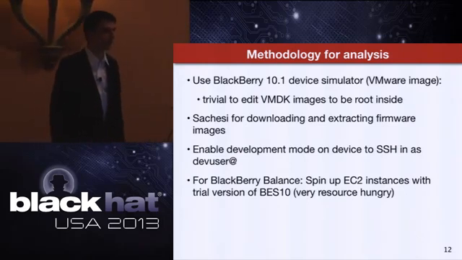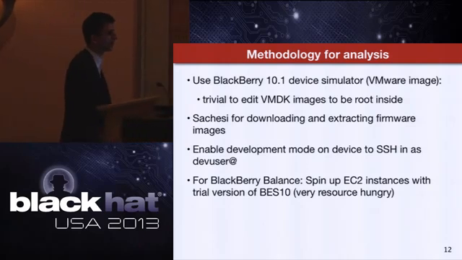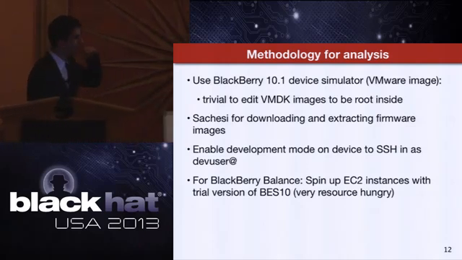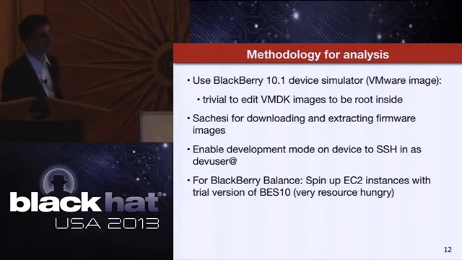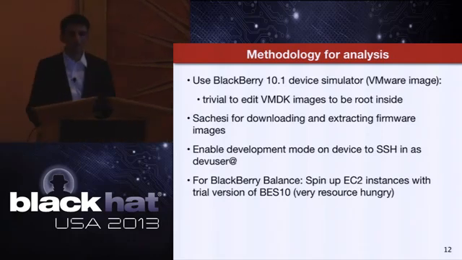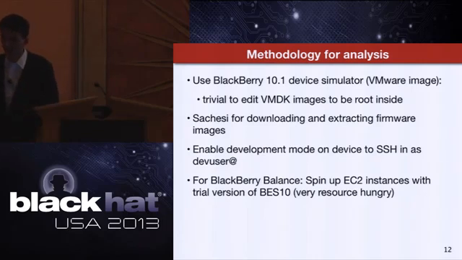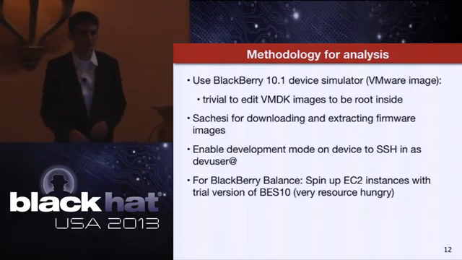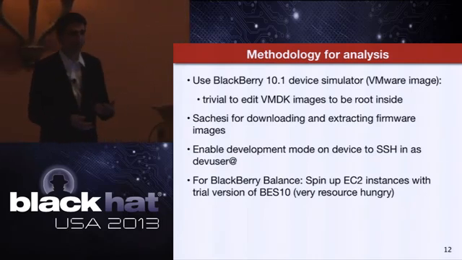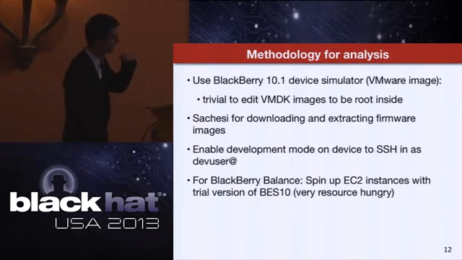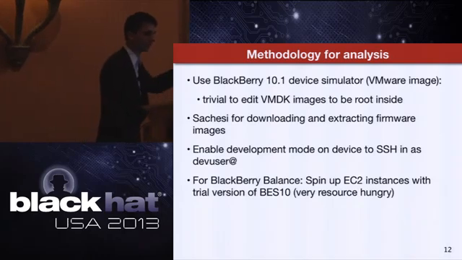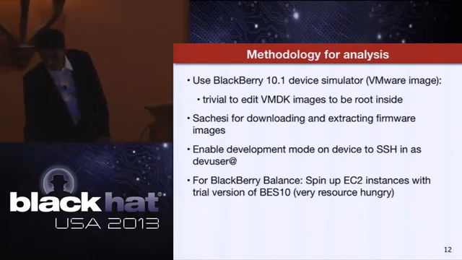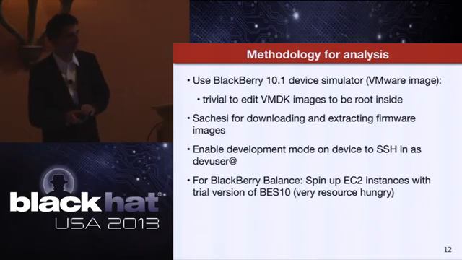And with this, you can basically generate download URLs for the system and for the radio files for all of the different versions of BlackBerry OS 10, so all of the different carriers. So you just give it an MCC and MNC, and then it gives you the URLs for that particular firmware, and the model, of course, because there are several different models, and then there's the one with the two models with the keyboard.